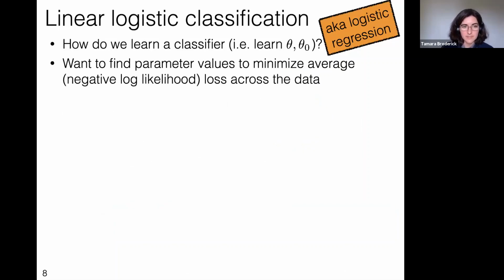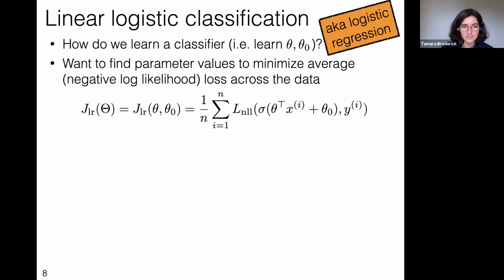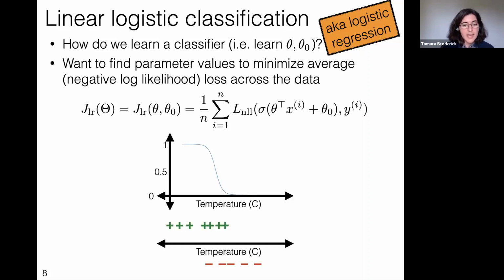Okay, so we have this loss. It's a function of the parameters. That's the thing we're trying to learn. We're going to try to find the parameters that minimize this loss. And so again, let's ask ourselves, what is this going to look like? Much like in our previous algorithms, we're going to start from some values, theta, theta naught, that probably aren't that good, because in general, we don't know what we're doing when we start our algorithm.